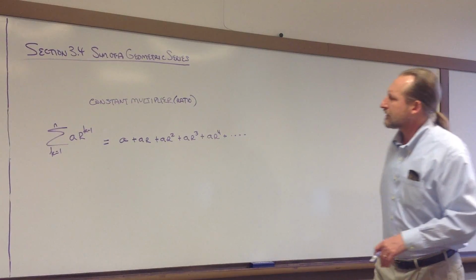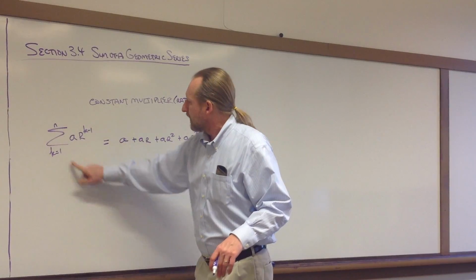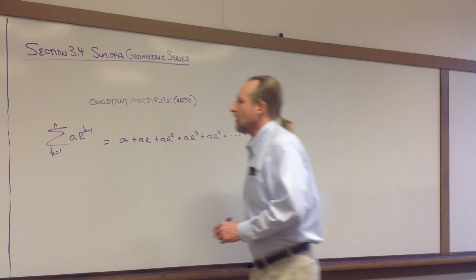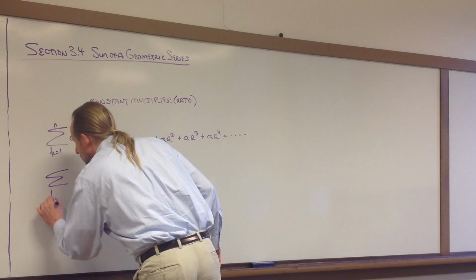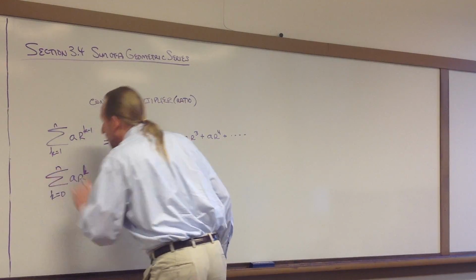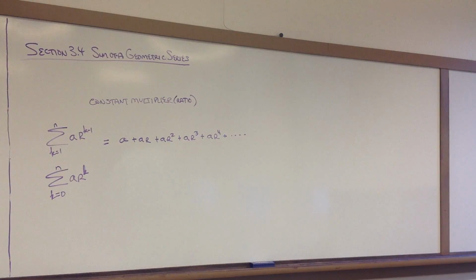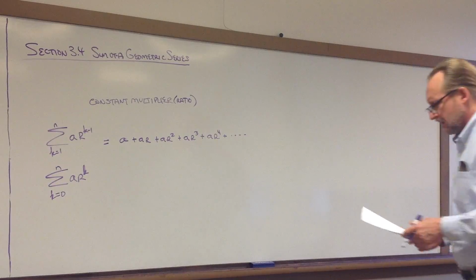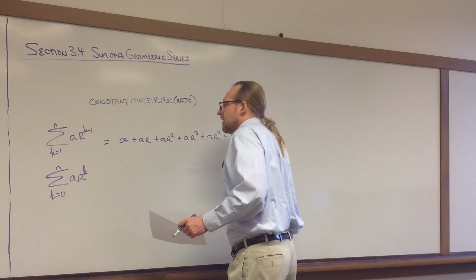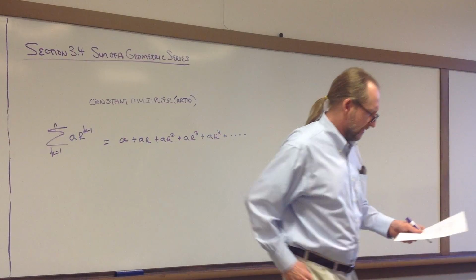If k is 1, this will be the 0 power and you'll just get a. When k is 2, it'll be a times r, and so forth. You can also set this up with k equal to 0 and ar to the k power. Most of the textbooks I draw from start the k at 1 and make this k minus 1.